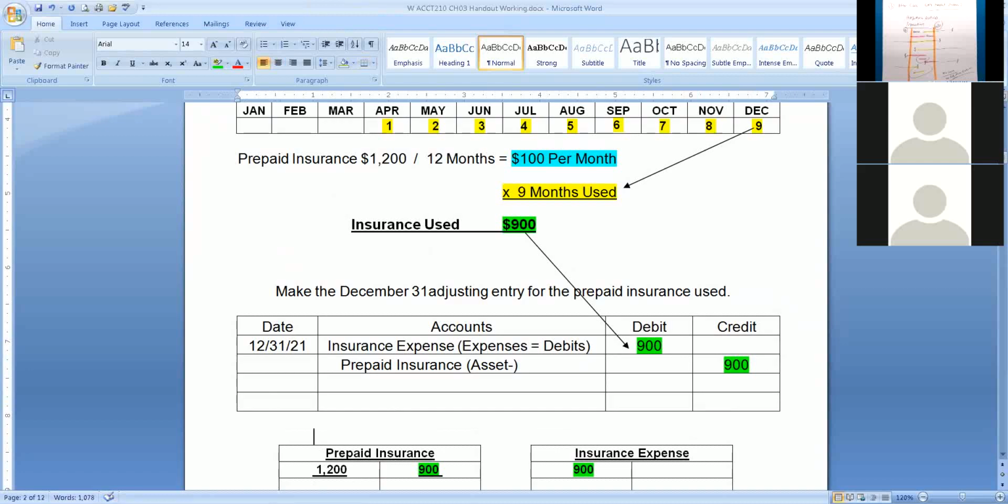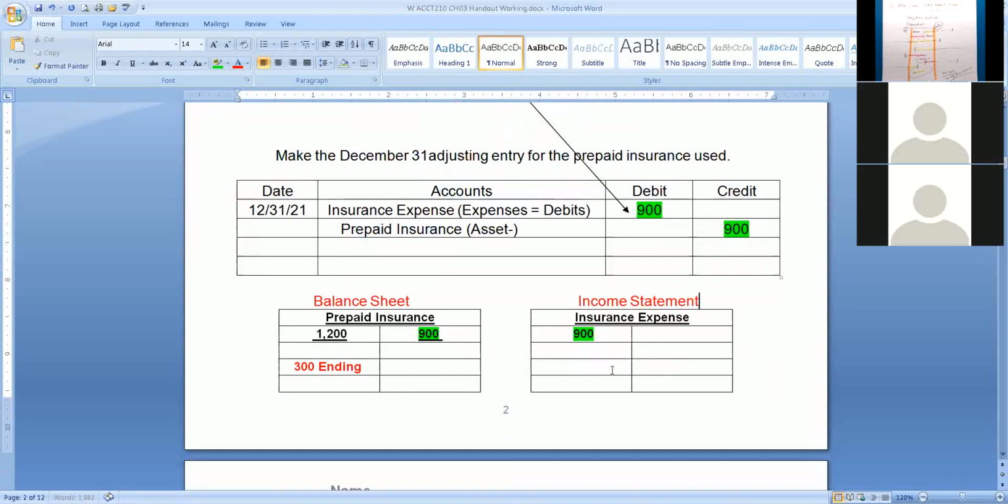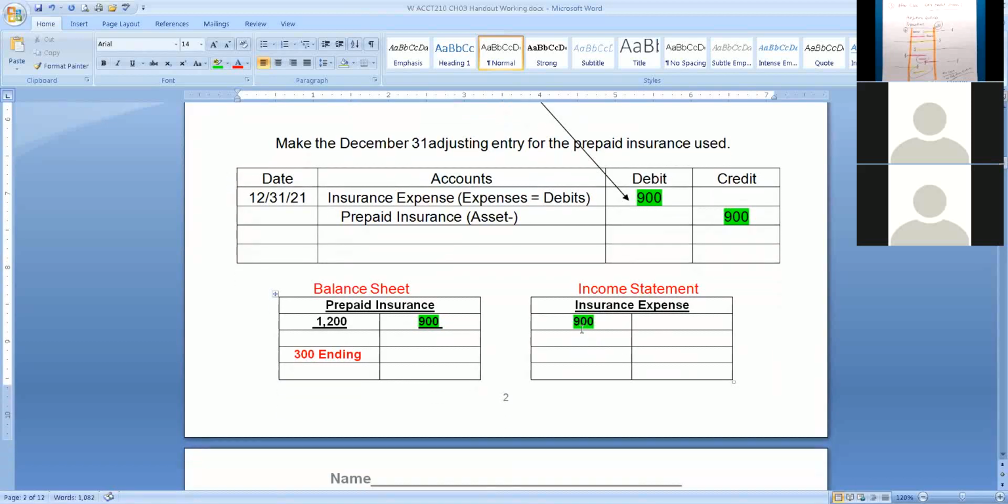So this prepaid insurance will be on the balance sheet. The balance sheet will have the prepaid insurance, and we'll have it for this amount. This will be the ending amount in there. And the income statement will have the insurance expense for 900.